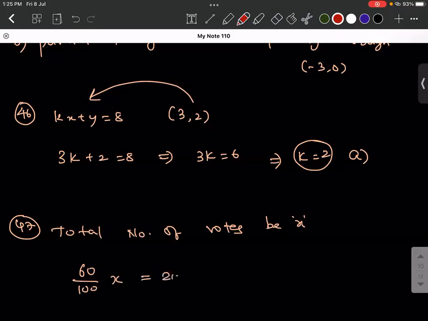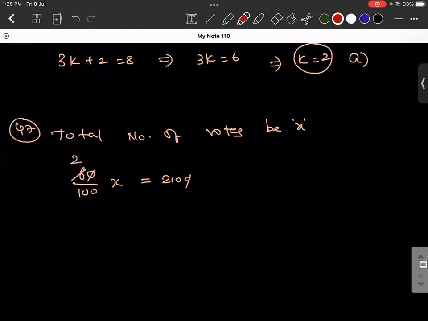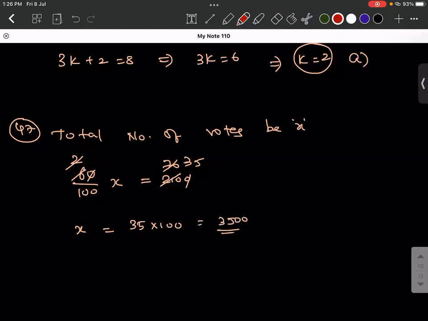Very good. Now we are done almost. So this goes 2 times, this goes 70 times. So X is, this goes 35 times. So X will be equal to 35 into 100. How much is it? Did you understand how I did the calculation?